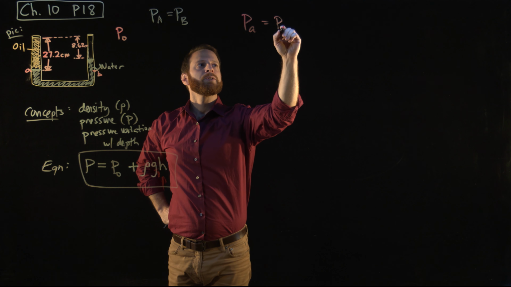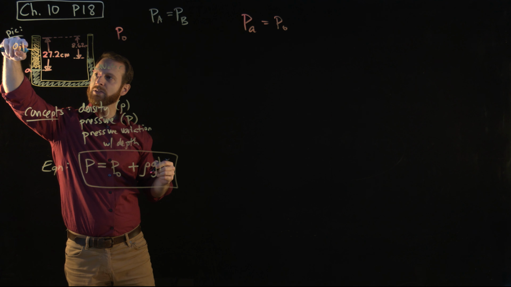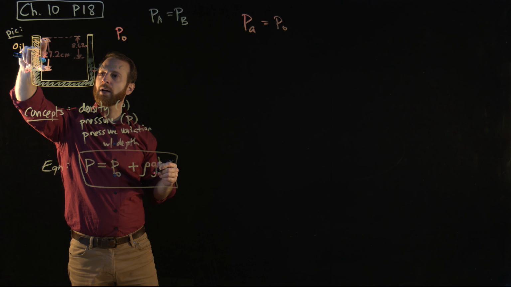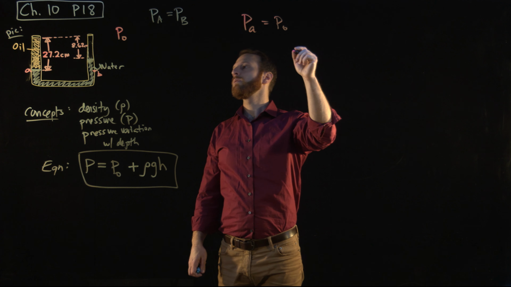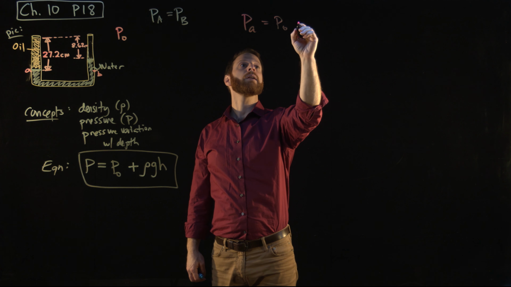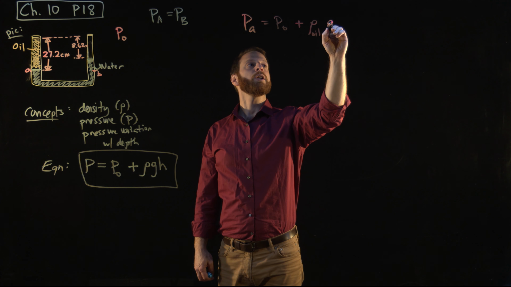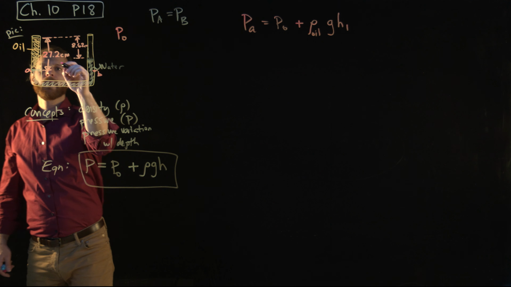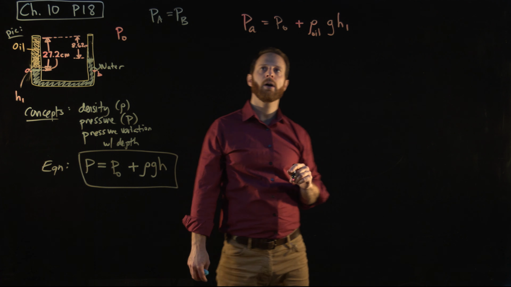When we go to figure out what's the pressure at A, apparently it's given by the atmospheric pressure starting, and then it goes up by an amount given by the density of the oil, g, and this drop in height, the 27.2 centimeters. So let's go ahead and do that. I'm going to write this as rho of oil, g, and then I'm just going to call this H1. We know this is a number, but it's sort of better to do things with algebra and then plug in the numbers later on.